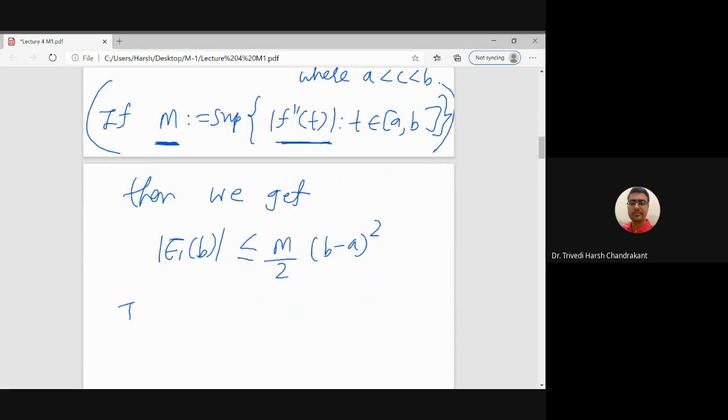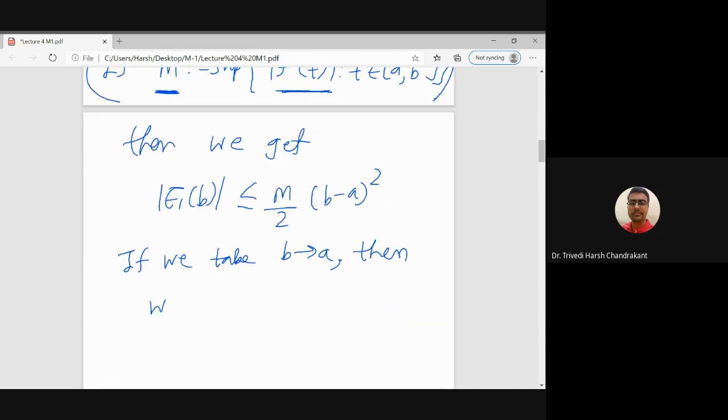Now if we take b approaches a, that means the length of the interval goes to 0, then this approaches 0, right? Because b approaches a, this number goes to 0, and this is a constant number.